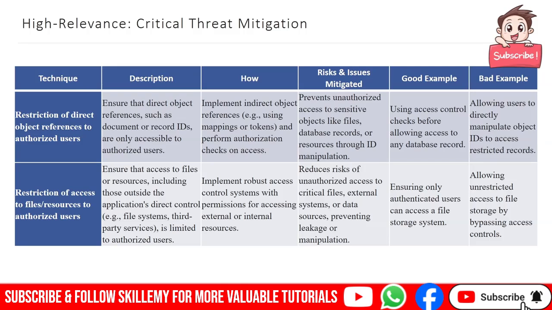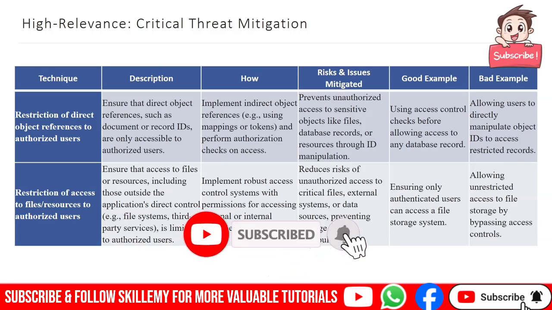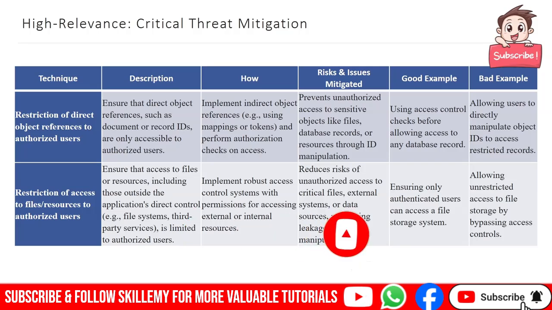Finally, we must ensure the restriction of access to files or external resources. Many applications allow users to access files either stored locally or through third-party services, such as document storage systems. However, without proper authorization checks, users might be able to access files or resources they aren't supposed to.